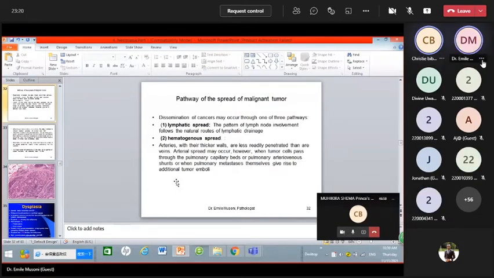This one is a question of anatomy and physiology. The spread of those tumors is through the hematogenous route, meaning that it is blood. It can be in the artery or in the vein.